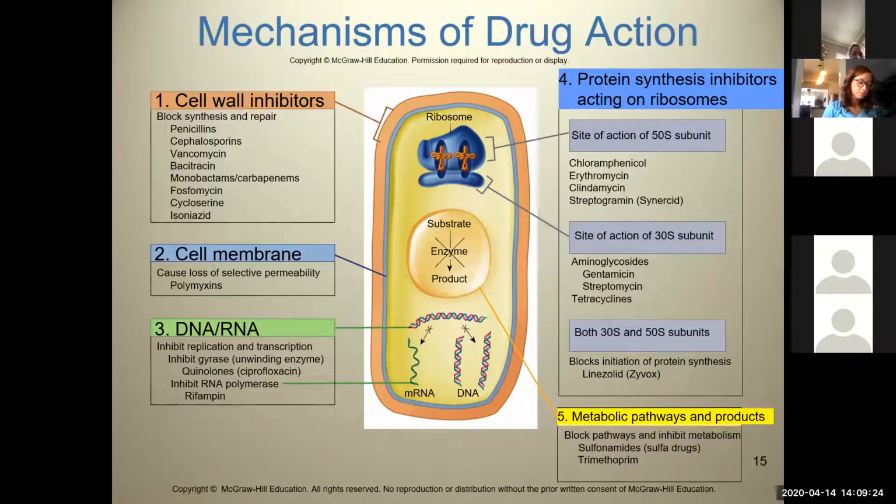And then the other major target, which would be probably 30% or so of antibiotics or antimicrobials, are targeting ribosome function. And you remember from earlier in the course, or A&P or bio, or whenever you've studied this, you've heard it many times, the ribosome is the site for assembly of the polypeptide.